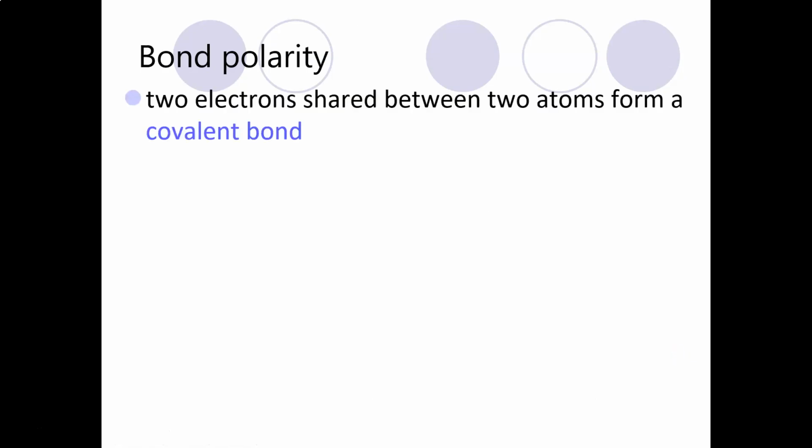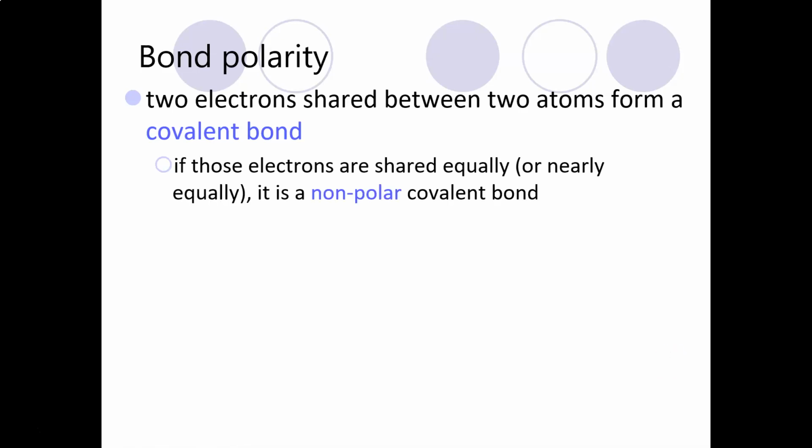So talking about bond polarity is kind of the natural next step. Two electrons shared between two atoms form a covalent bond. If those electrons are shared equally, or nearly equally, we have a nonpolar covalent bond. You'll have other people argue with that fact. Some people say that unless the electronegativity difference is actually 0, it's a polar covalent bond.